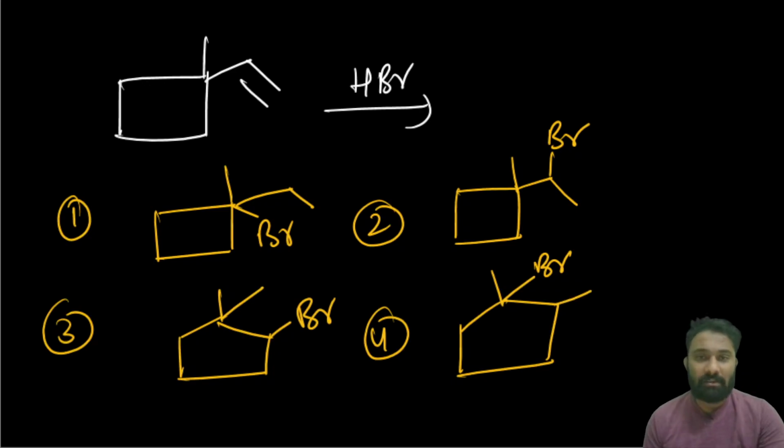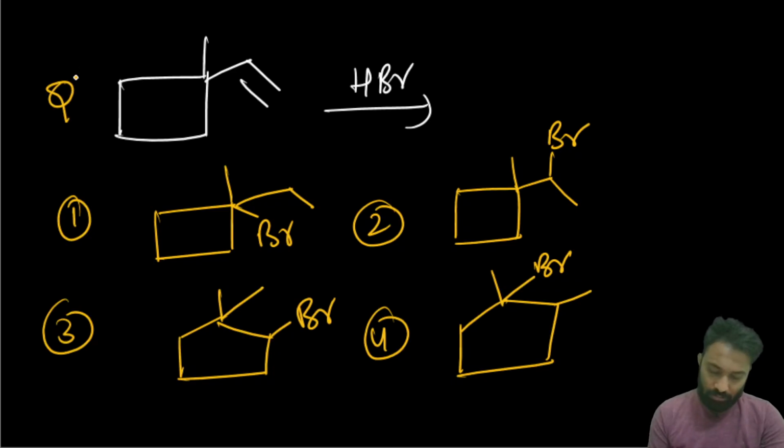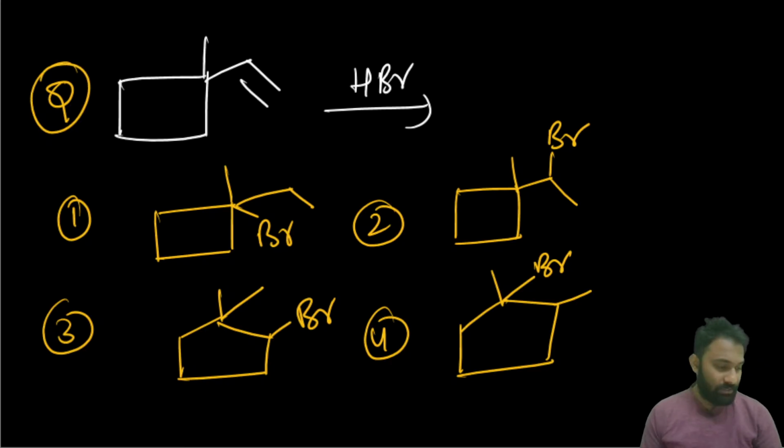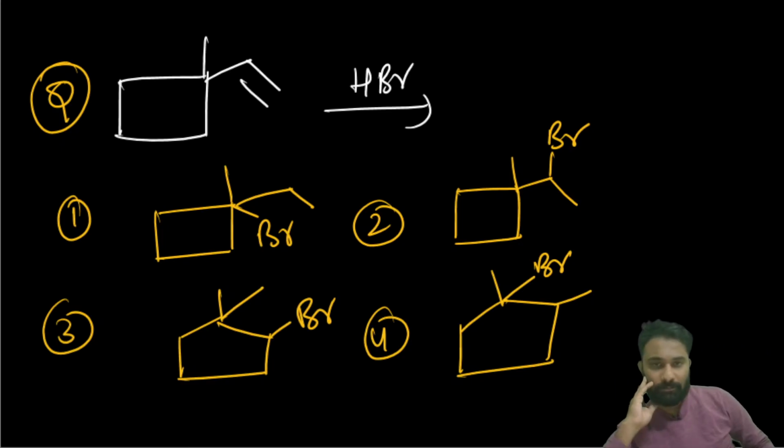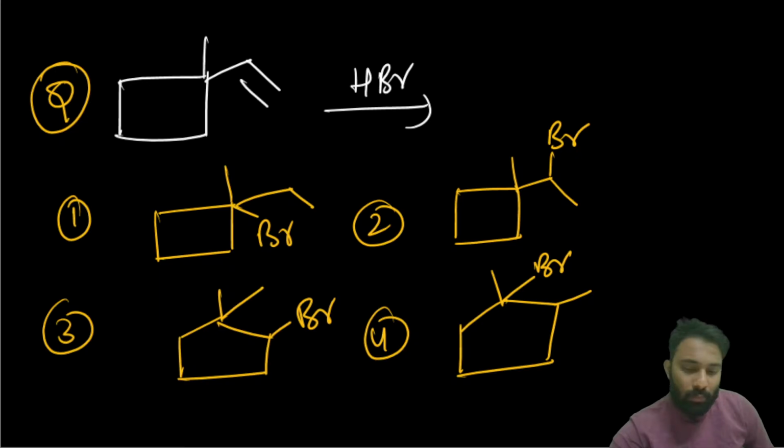Now tell me the answer. Among 1, 2, 3, 4, which is the major product?